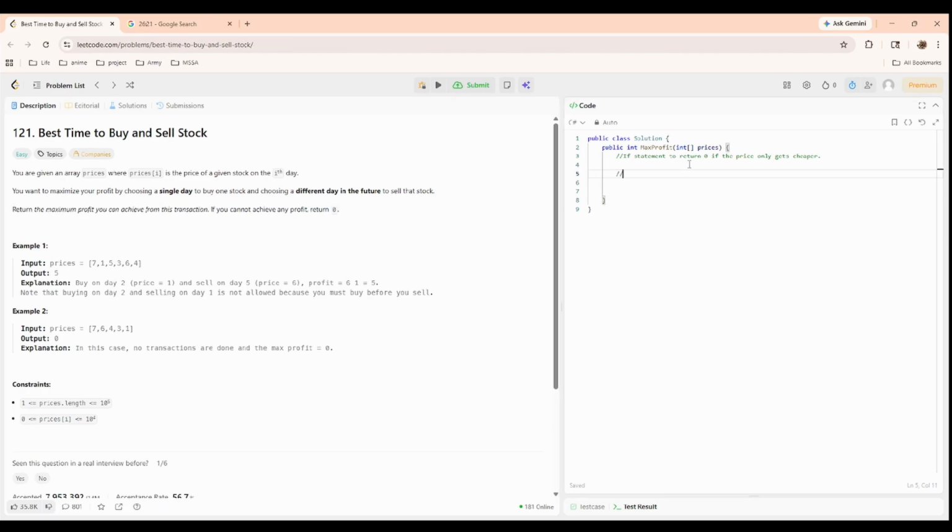And I think in order to see if we can profit, I want to see the lowest value inside the array and compare it to the highest value of the array. So in this case, the lowest is 1 and the highest is 7, but I have to buy before I sell.